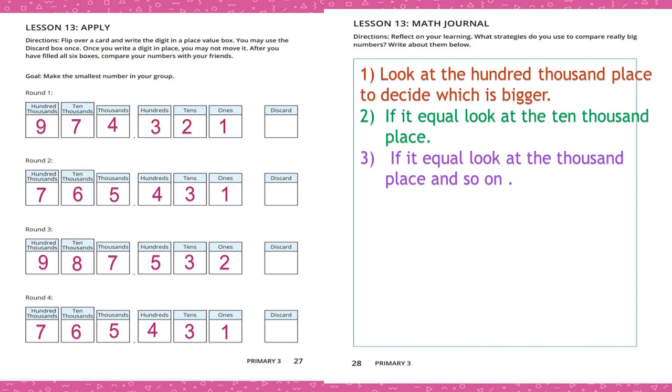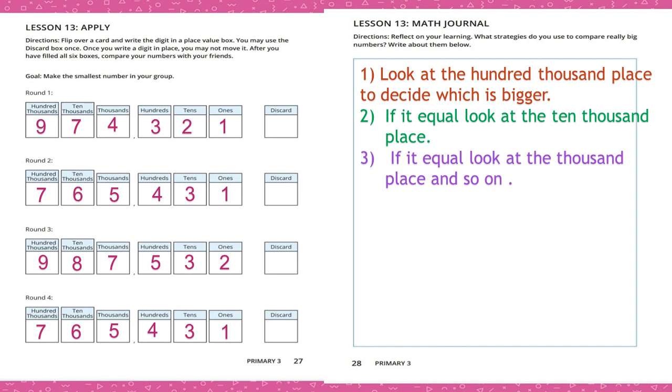Number 3. The cards I picked were 7, 8, 5, 2, 3, 9. Then the greatest number will be 987,532.